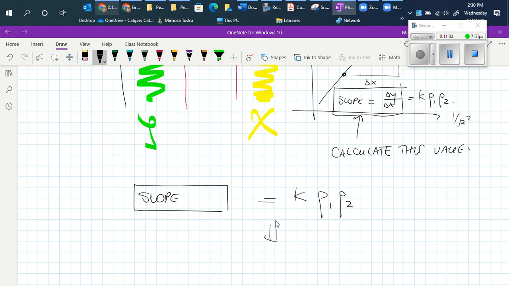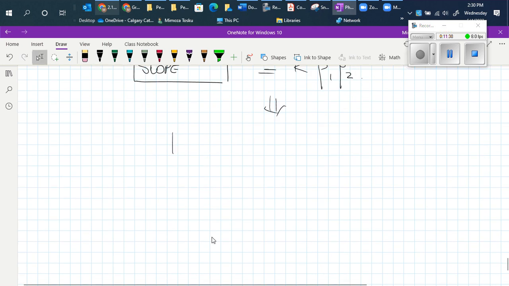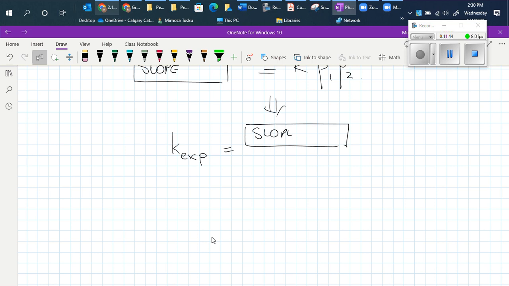From here, you can find that the experimental value of k will be whatever numerical value you found for the slope, over q1 q2.